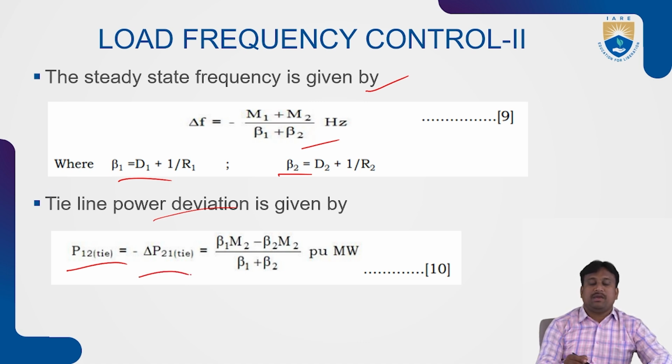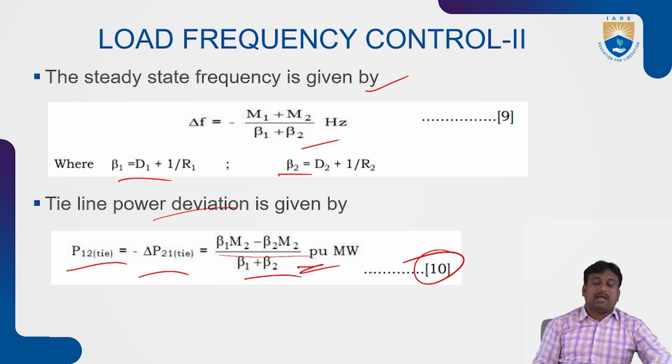This is considered in per unit value in megawatts. This is another equation representing tie line power deviation, and this deviation exists from the initial condition to the final value.